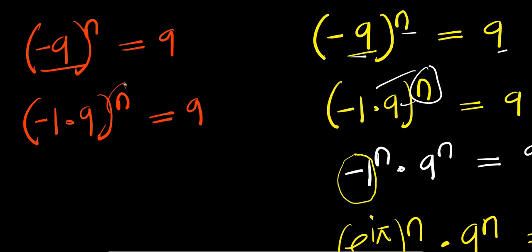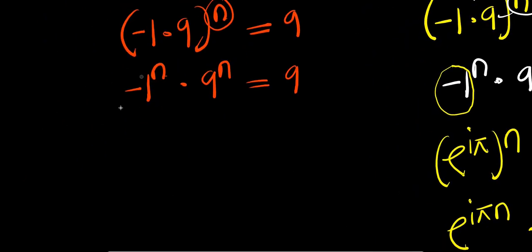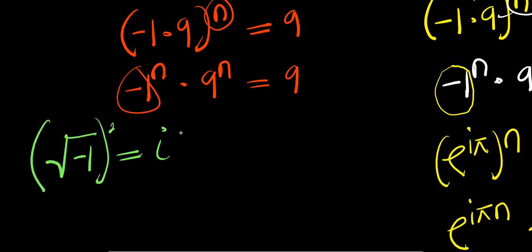We distribute the exponent, negative 1 power n times 9 power n equals 9. Now this time around, instead of replacing this with e power i times pi, we consider the square root of negative 1 equals iota. Then we take the squares. This eliminates this. I have negative 1 equals iota squared.